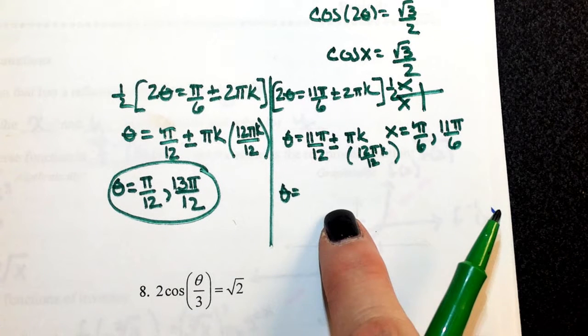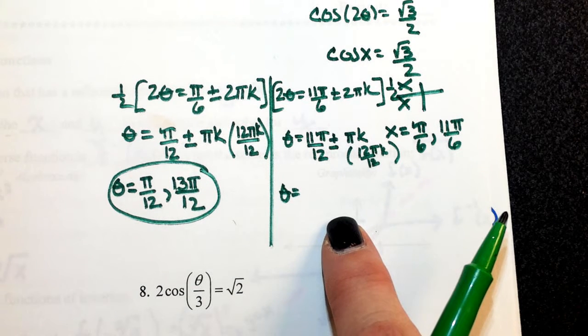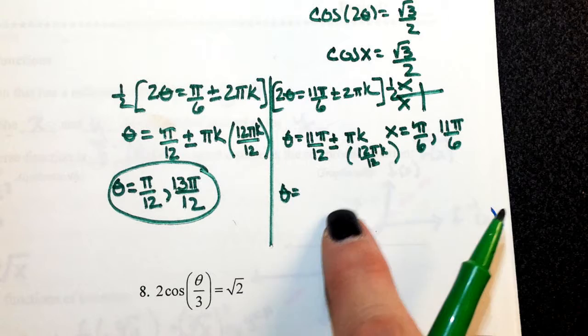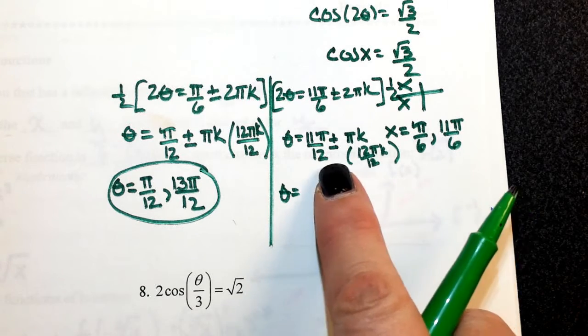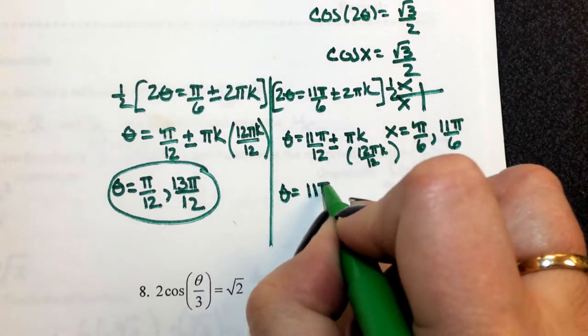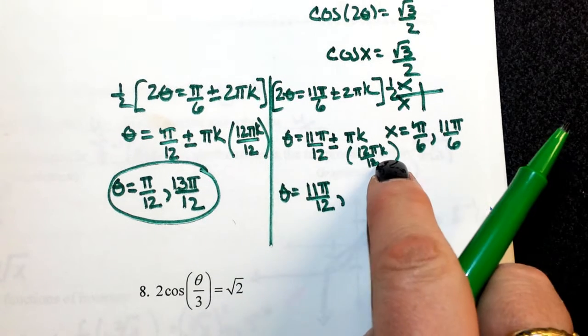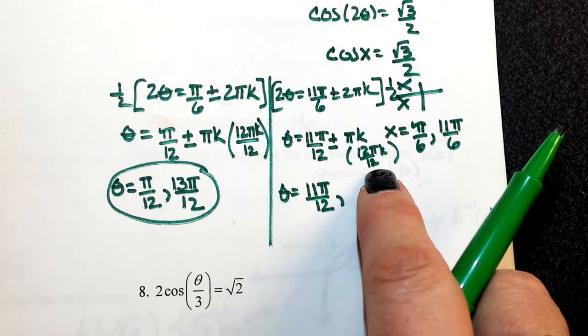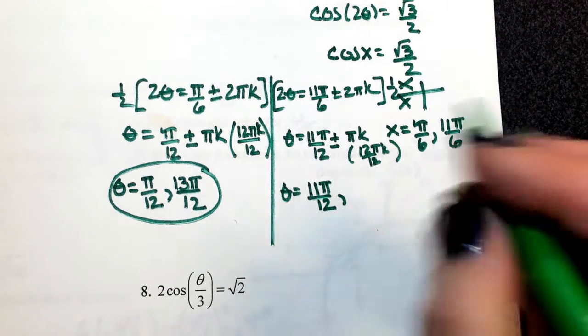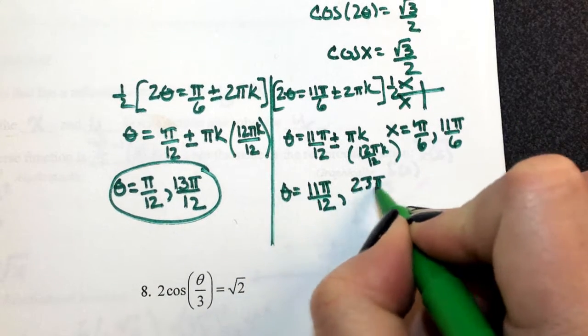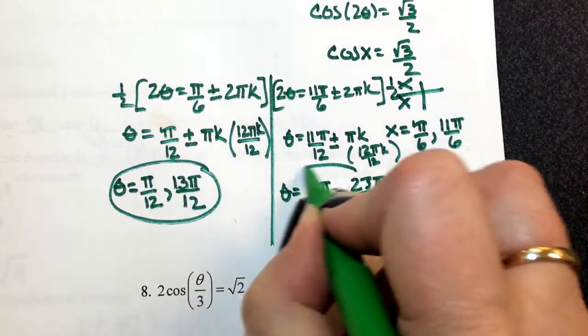So what's the first angle from this list going to be? When I plug in 0 for k, what's that going to give me? 11 pi over 12. When I plug in 1 for k, 12 pi over 12 plus 11 pi over 12 is going to give me a 23 pi over 12. And I know I don't need to go any further.